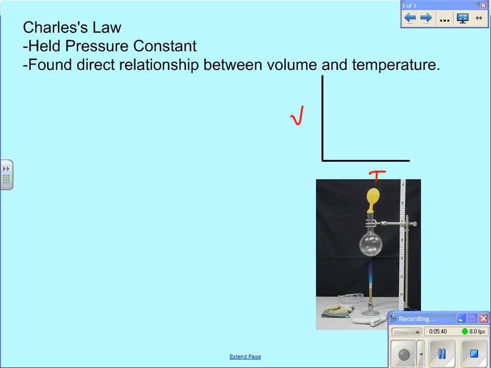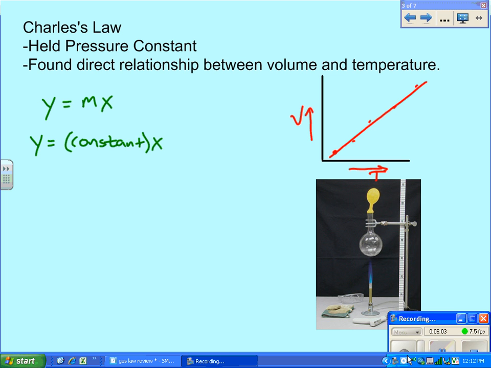As we continue to heat that flask, we start off at a relatively low volume and a low temperature, right? And as we heat the flask, as the temperature gets hotter, so the volume gets larger. So our data points we would expect during this experiment to maybe look like that. Looks linear. But we have a name for that. That name is a direct relationship. As one increases, so does the other.